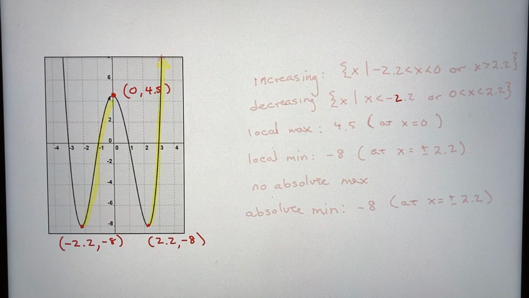Let's see, x values only. So let's set up the proper notation. Okay, so between -2.2 and 0 for x values. And then also from 2.2 on.